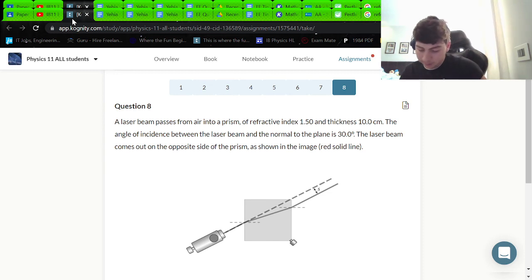So v equals 3 times 10 to the 8. We got that far, okay? Now, c is 3 times 10 to the 8 as well. So 3 times 10 to the 8 is equal to, frequencies cross out in lambda.